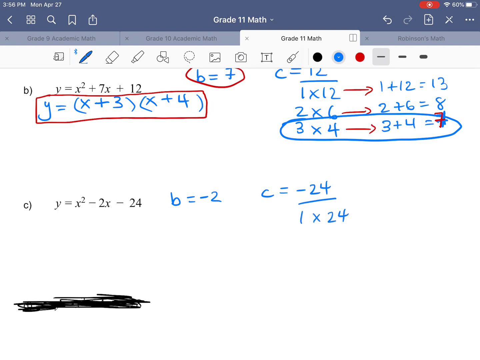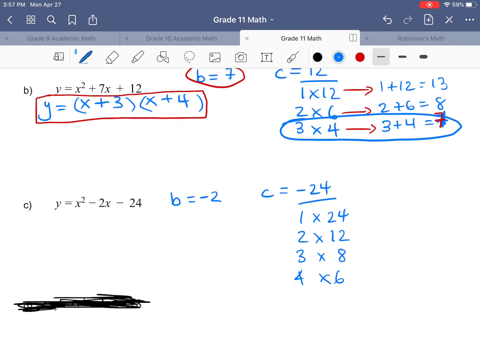So 1 times 24, 2 times 12, 3 times 8, and 4 times 6. Okay, so right now our pairs of numbers multiply to give us a positive number, but we need a negative number. So we need to play around with our negative signs.